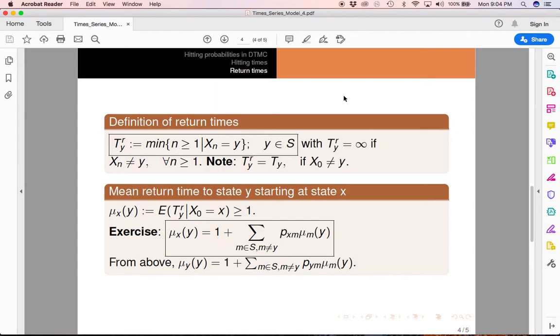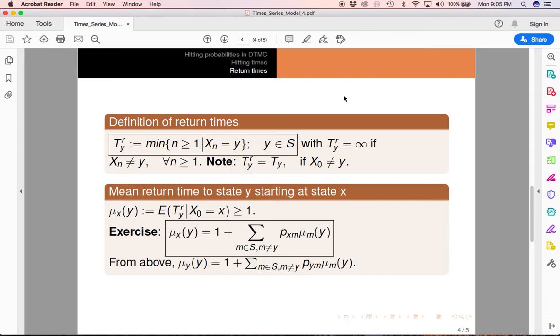So mu sub x of y is the expected value of returning to state y beginning from state x, right? And that turns out to be another recurrence relation given by mu sub x of y equals 1 plus the summation over p sub xm times mu sub m of y, where the summation runs over all m in the state space which is not equal to y.